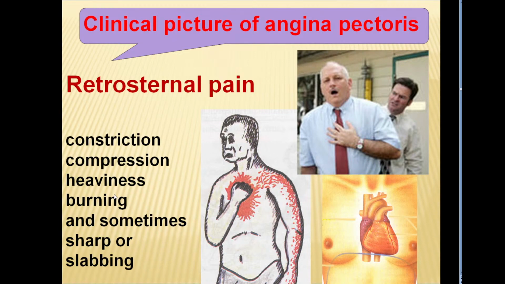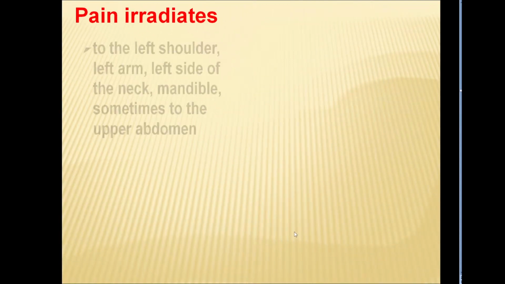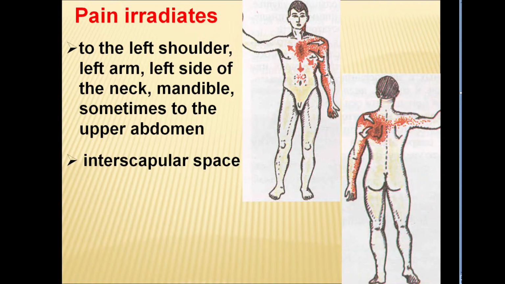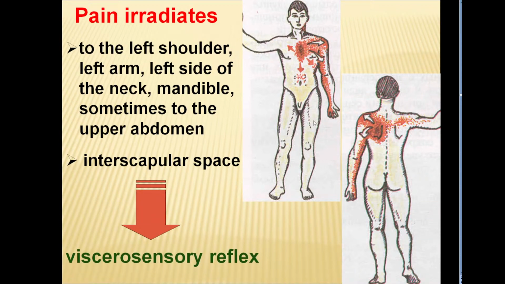We remember other characteristics of any pain: location, irradiation, characteristic, provoking and releasing factors. Pain is retrosternal, which irradiates upward to the left shoulder, left arm, left part of the neck, left interscapular region, due to visceral sensory reflexes.